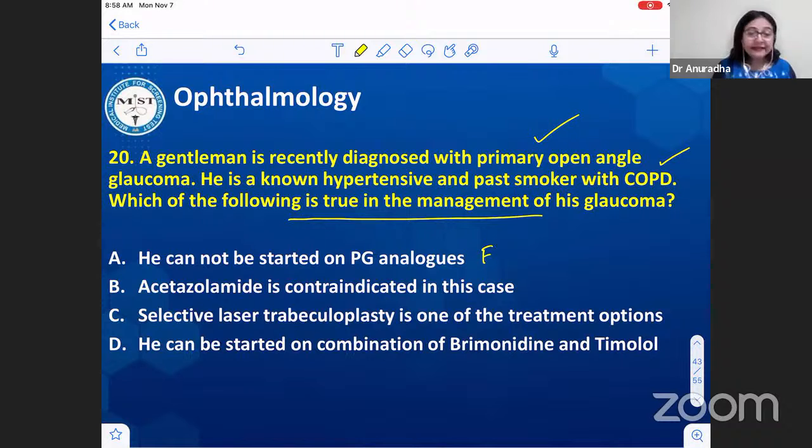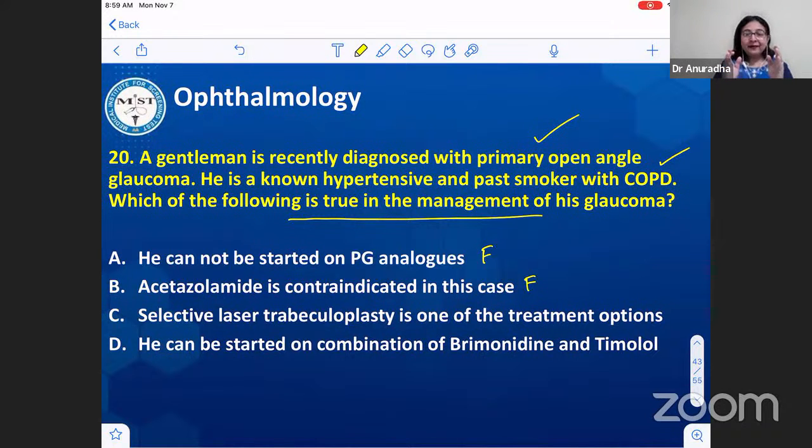Acetazolamide is contraindicated in this case. Acetazolamide has again no contraindication as far as hypertension or COPD is concerned. It is contraindicated in sulfa allergy or in kidney problems, but not in this case. So this is again false. Selective laser trabeculoplasty is one of the treatment options.